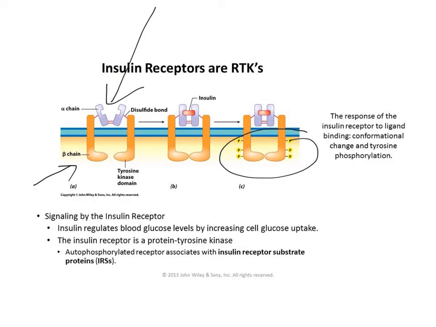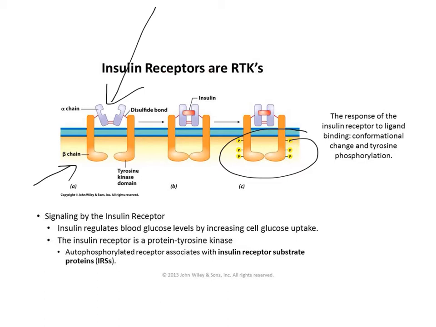Now, insulin, as a signal molecule, is released when we have higher blood glucose levels. Beta cells in the pancreas will release insulin upon increased levels of glucose in the blood. Insulin will then be released into the bloodstream and will serve as a signal molecule to tell cells to take up glucose to help reduce the glucose levels in the blood.